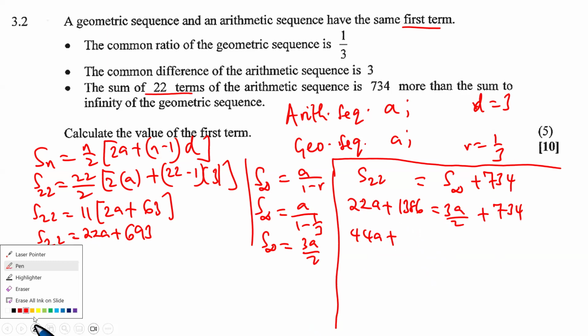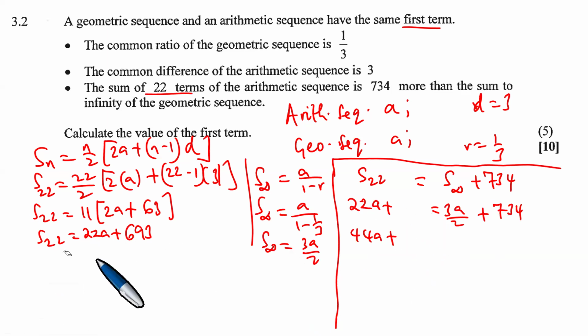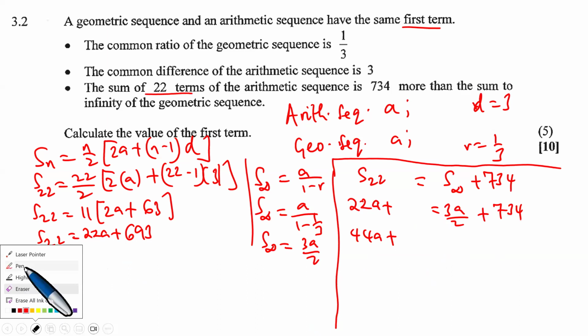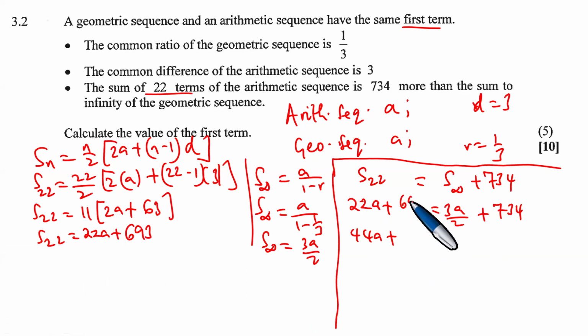Note that S22 is 22a plus 693, and then we have S infinity, which is 3a over 2 plus 734. Multiplying through by 2, 2 times 22 is 44a, and 2 times 693 is 1386. This equals 3a plus, and then multiplying 734 by 2, you get 1468.